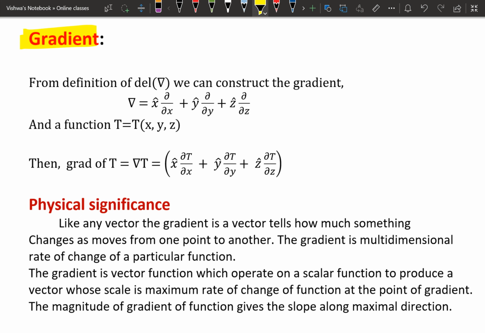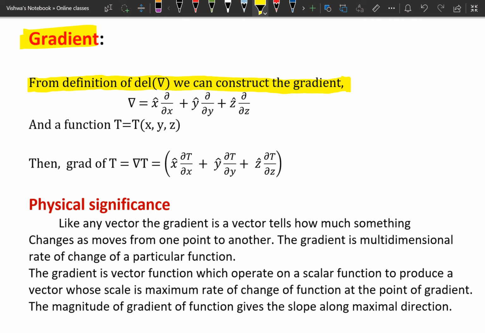What is gradient? From the definition of del, we can construct the gradient. Gradient, divergence and curl, all three are constructed by the del operator acting on the function. That is important, that will give the resultant.